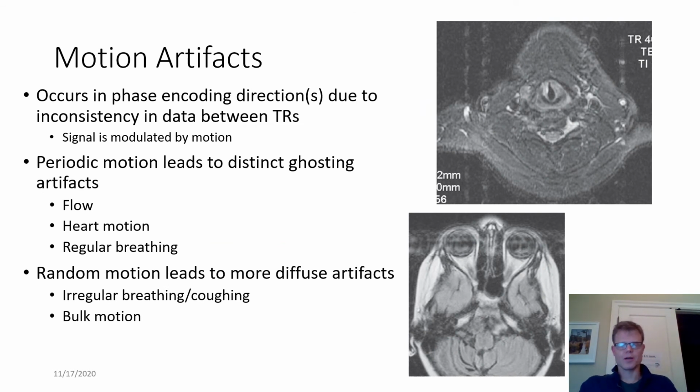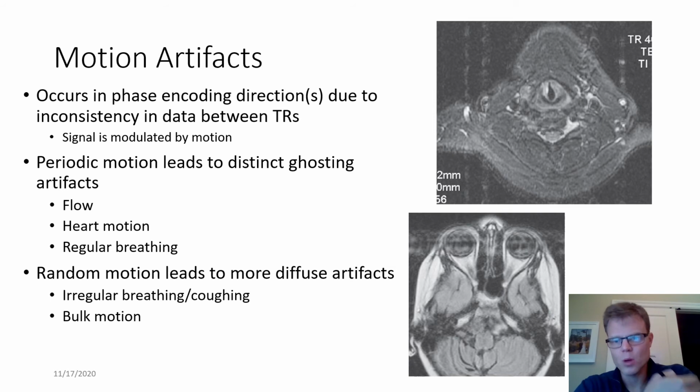Okay, moving on to our next set of artifacts, motion artifacts. Motion artifacts primarily arise in the phase encoding direction because they are due to inconsistency, so motion, between our TRs.